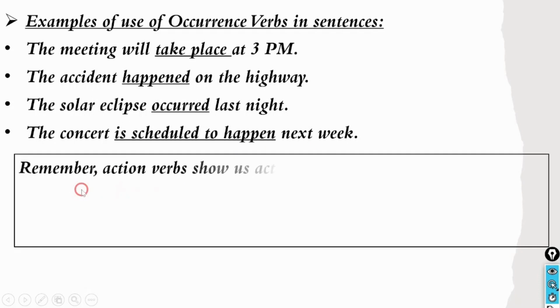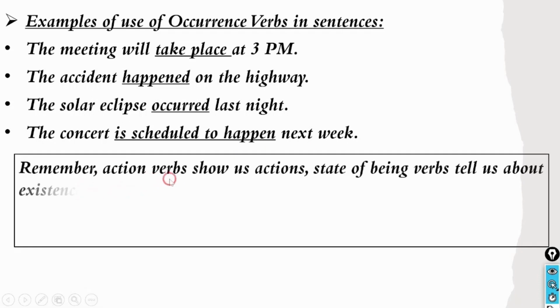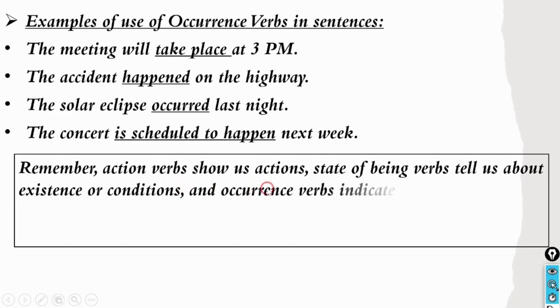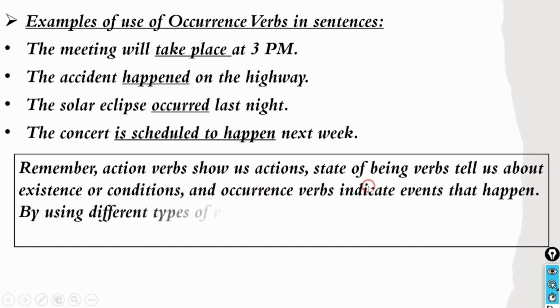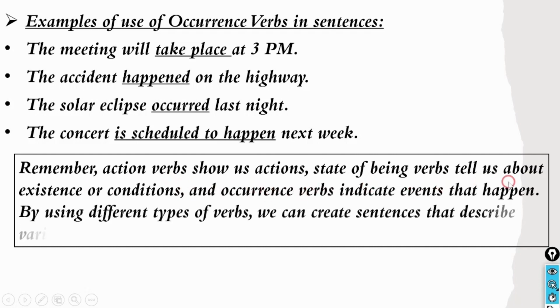Okay. So remember, action verbs show us actions. Then state of being verbs tell us about existence or conditions, and occurrence verbs indicate events that happen. Okay, so by using different types of verbs, we can create sentences that describe various situations and events.